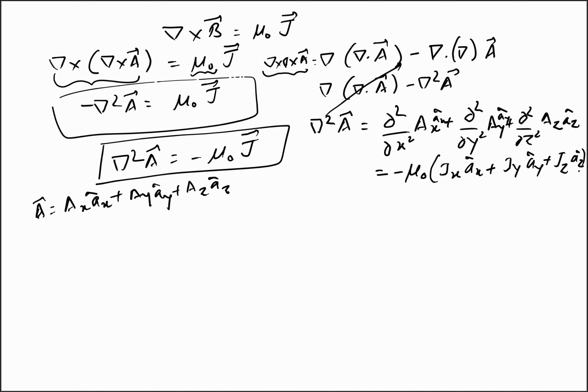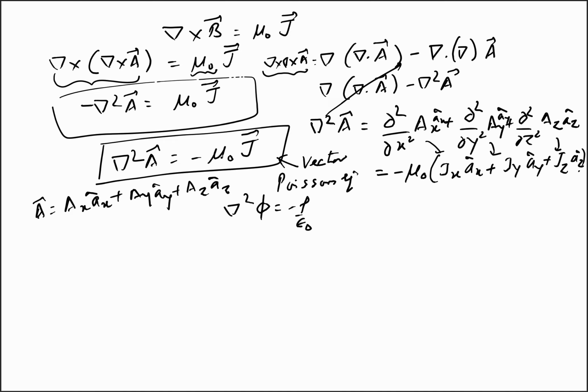So on comparing the components, I can write three scalar equations, and this equation is called the vector Poisson equation, because it is similar to the scalar Poisson equation which we have seen in one of our previous lectures.